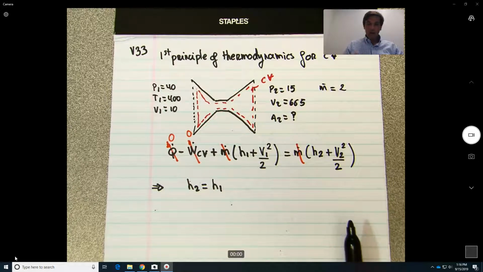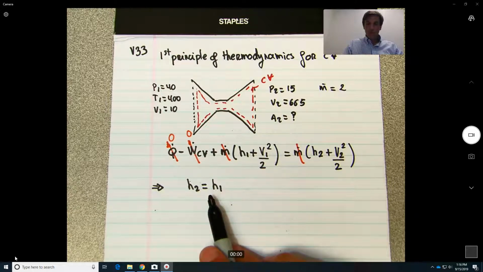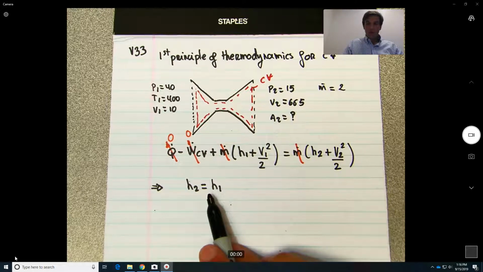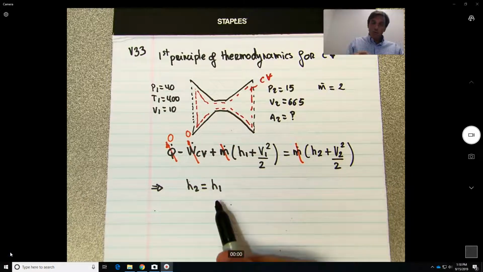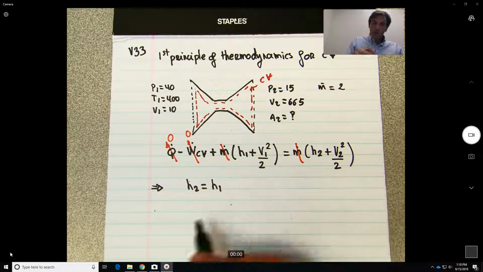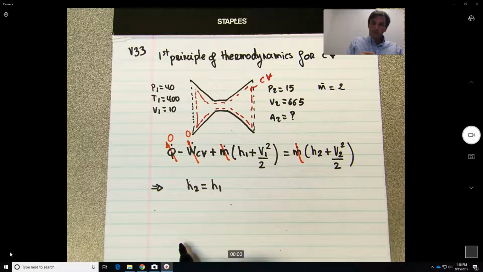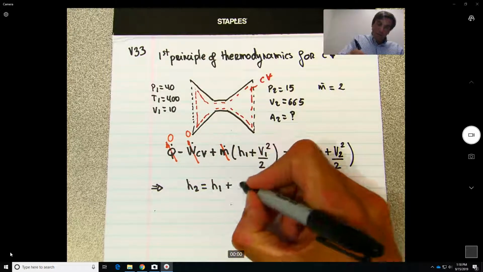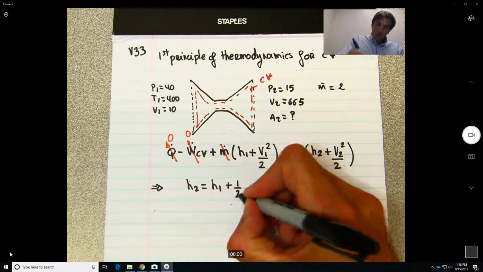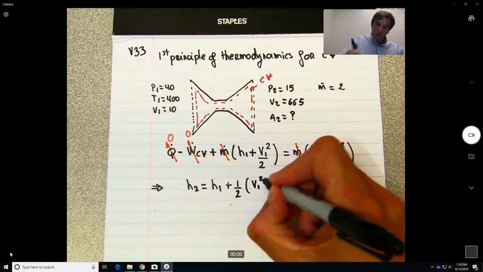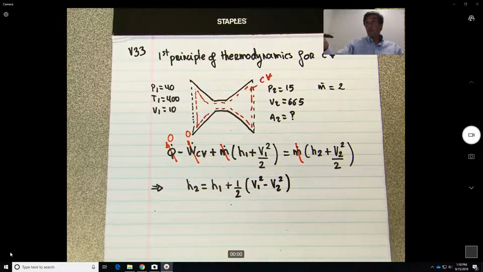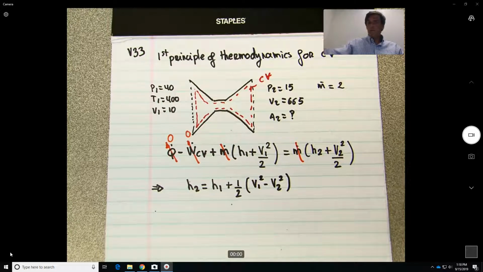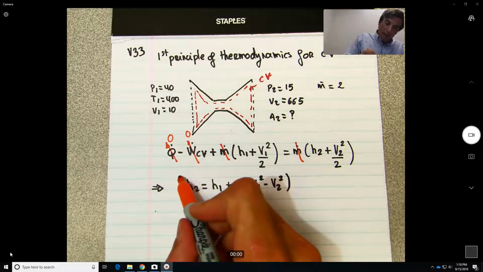So we'll have H2 equal to H1 plus 1/2 of V1 squared minus V2 squared, right?